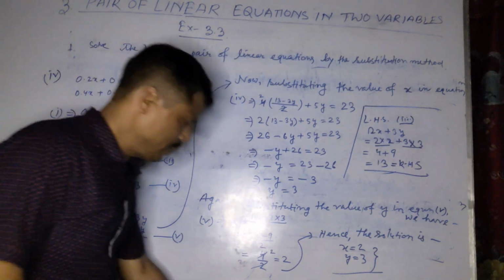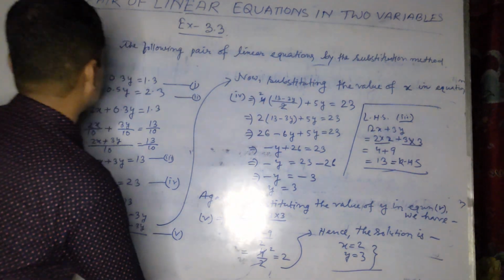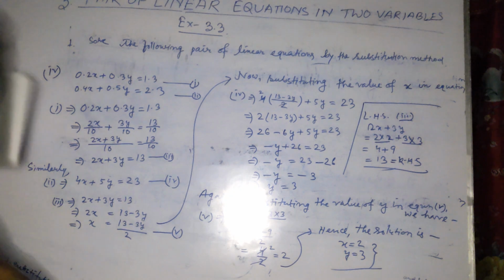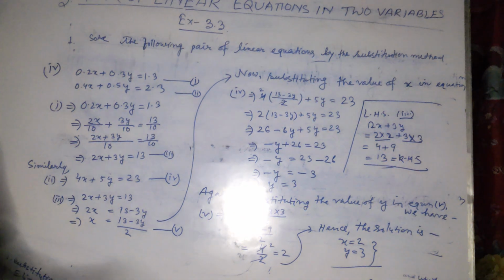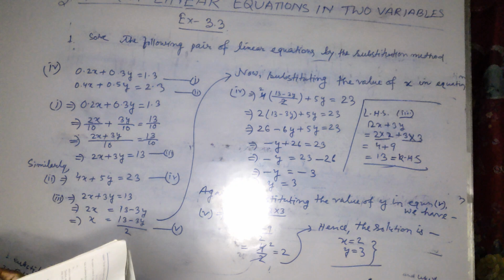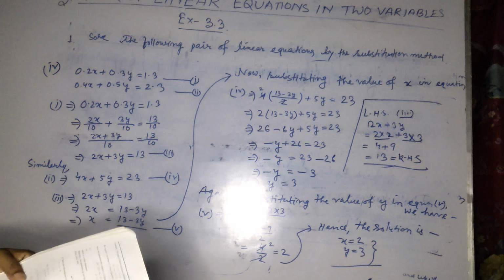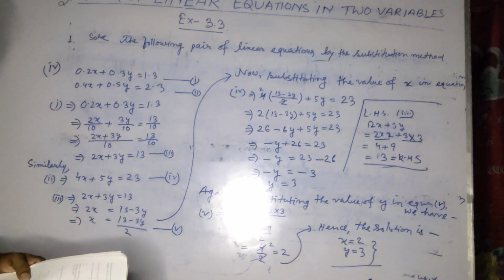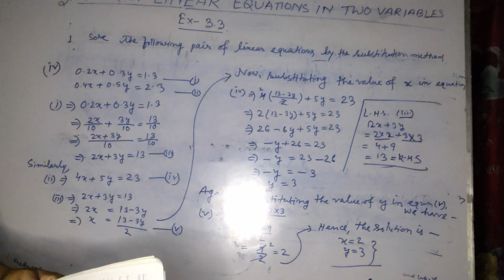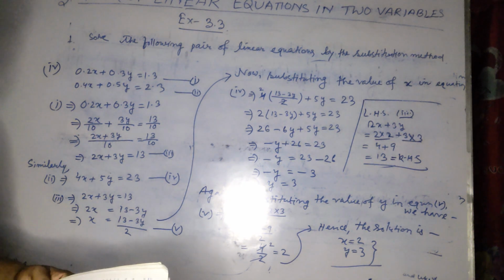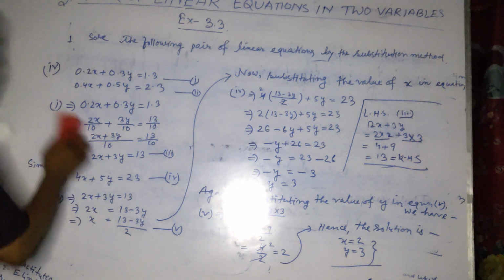Now the next question is number 5. Number 5 is given as root 2x plus root 3y is equal to 0 in the first equation, and the other equation given is root 3x minus root 8y is equal to 0. So we have to solve number 5 now. So let's see.